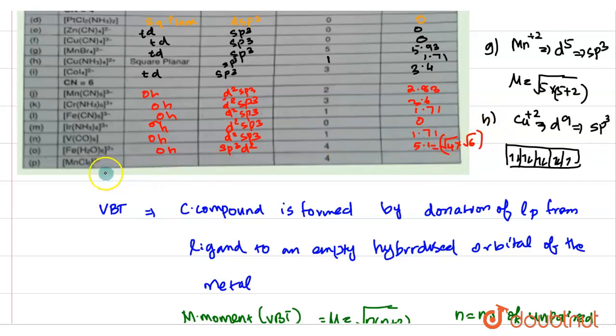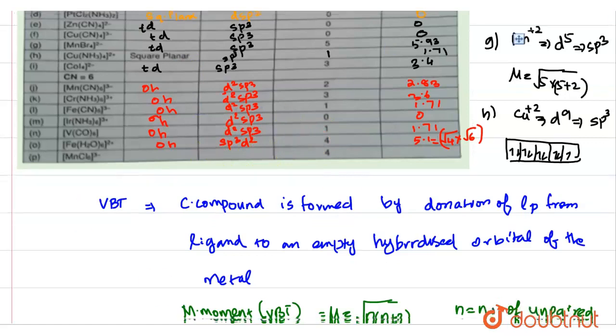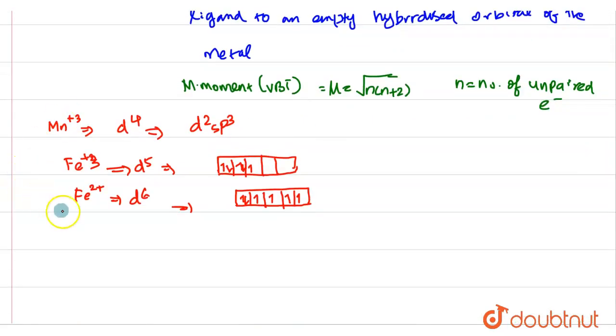So next, MnCl6 3-. MnCl6 3- will be a d4 system with 4 unpaired electrons. Since 4 of the orbitals are occupied, it will look like this. It will be a d4 system with 4 unpaired electrons.